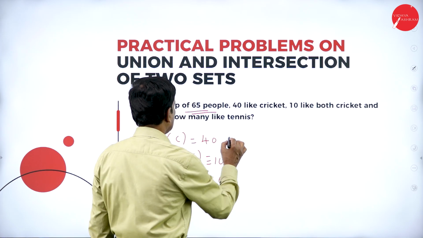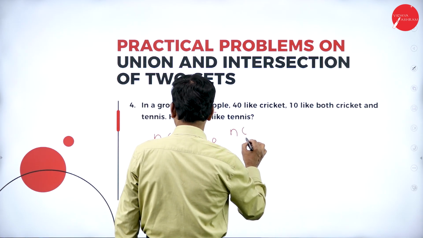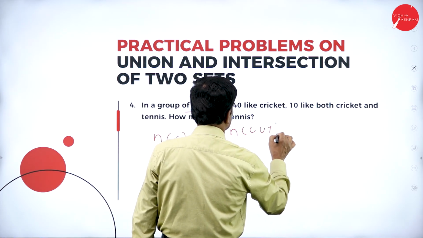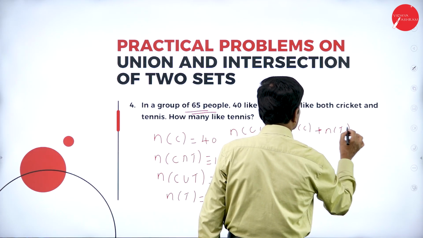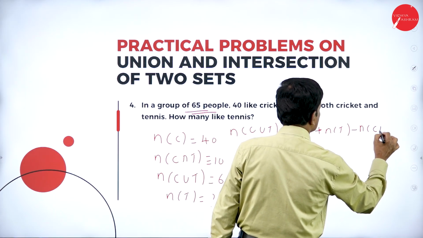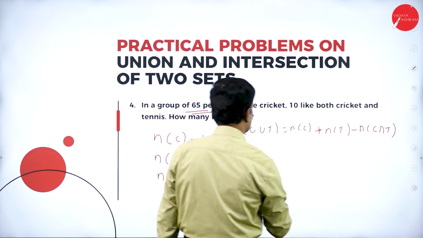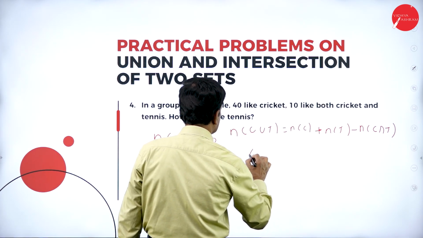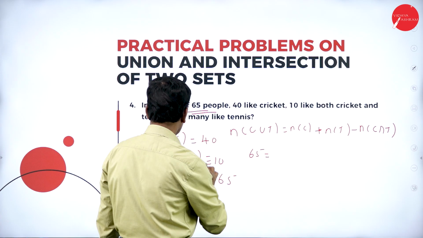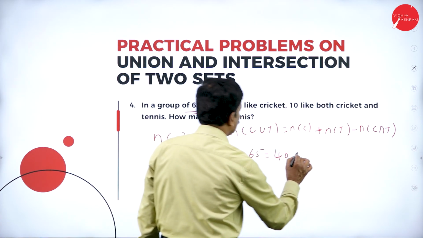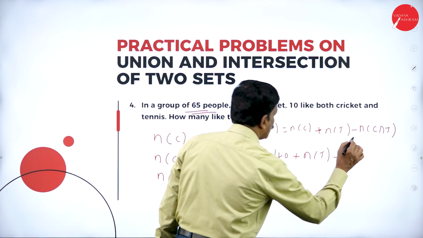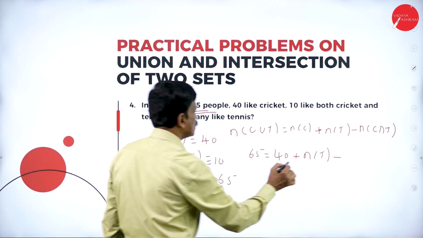Now what is the formula? As usual, N of C union T is equal to N of C plus N of T minus N of C intersection T. So N of C union T is 65, is equal to number of who plays cricket is 40, and T we don't know, tennis, and intersection is 10.